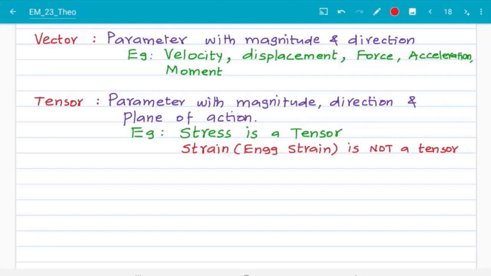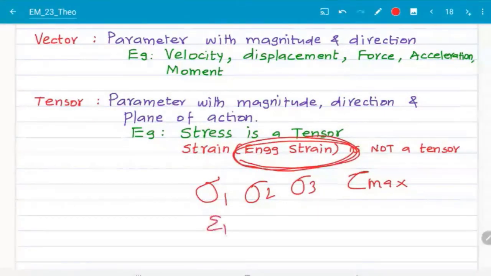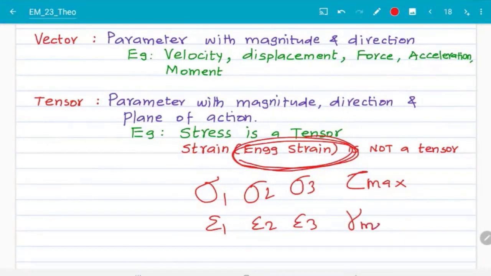So those principal stresses and tau max cannot be calculated if the parameter is not a tensor. For example, with engineering strain, we cannot calculate epsilon 1, epsilon 2, epsilon 3, gamma max.